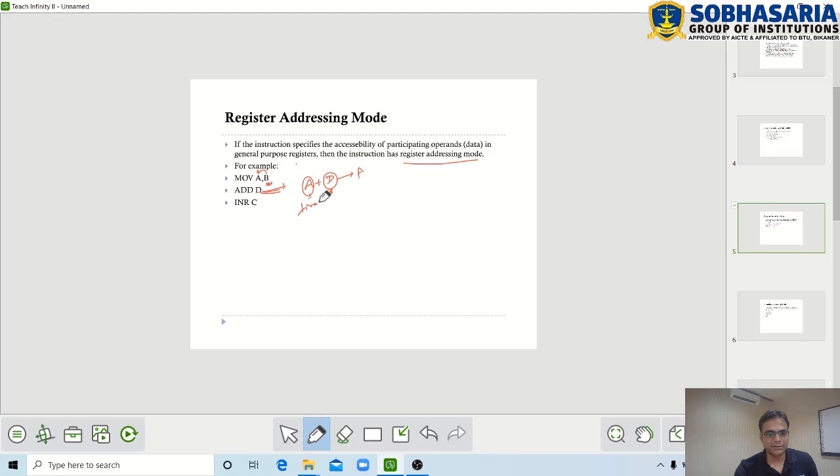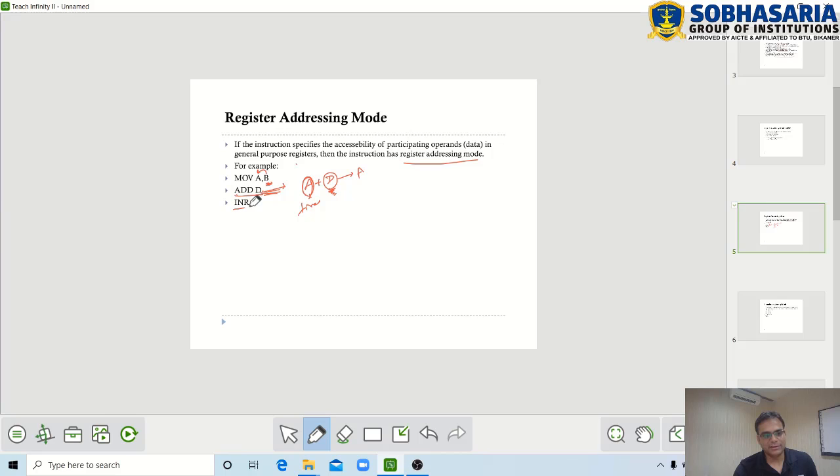The programmer cannot change the fixed operand. The programmer has to keep one data in the accumulator, but the other data can exist in a register, whether D, B, or C register. Such an instruction has register addressing mode, because the programmer keeps the second operand in a register.